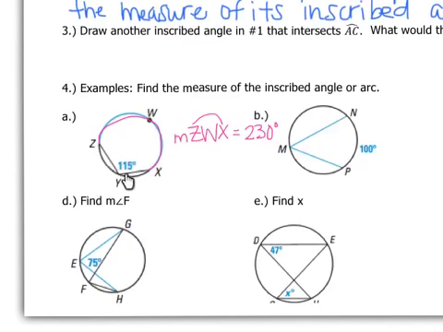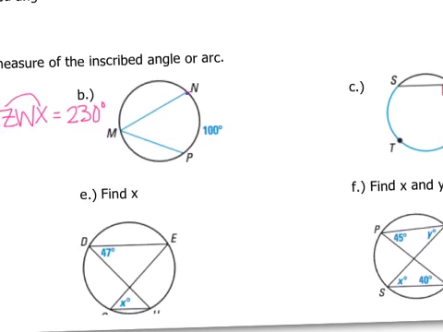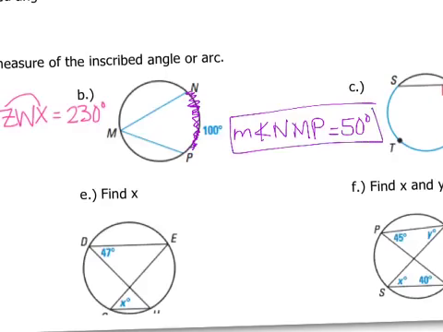And the angle times 2 is the measure of the arc. In the next example, this time we're given that the measure of the arc is 100. So we are looking for the measure of angle NMP. If the arc is 100, then the angle will be half that, which is 50 degrees.